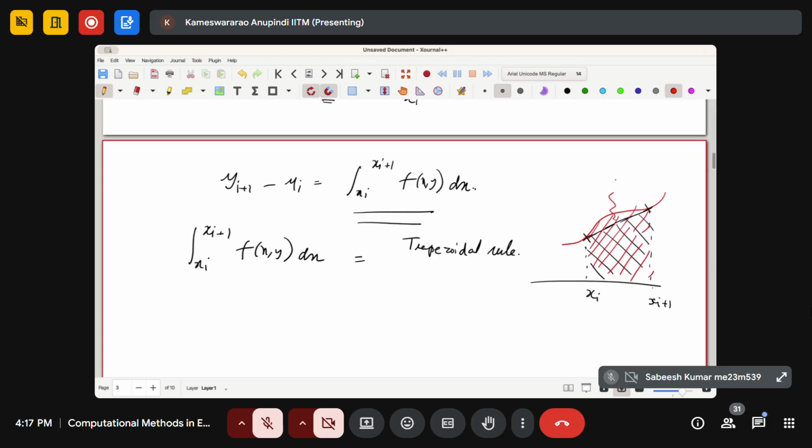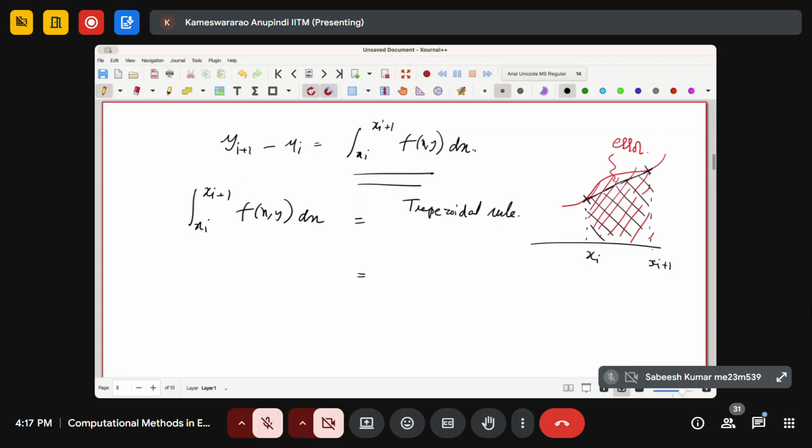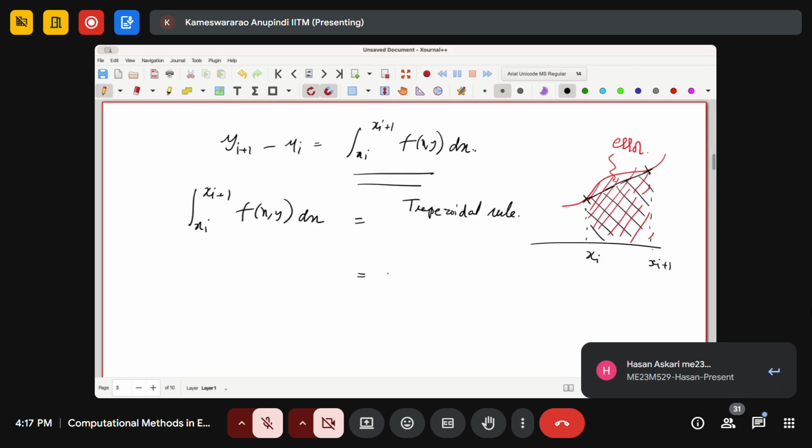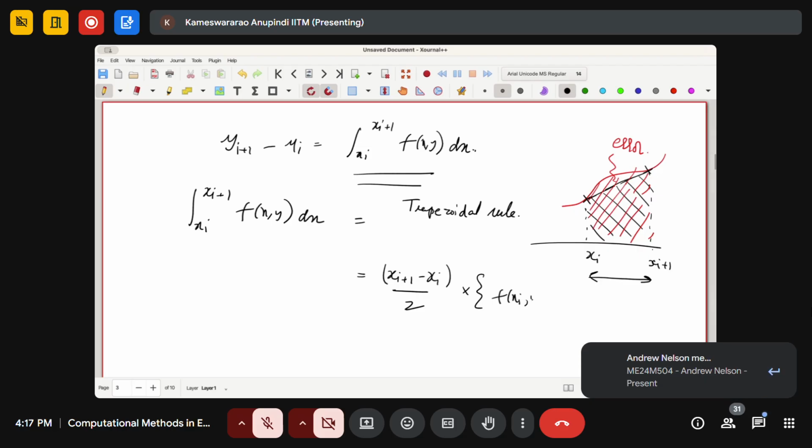This gap is the error we are making, but that is an approximation. So we can write this as the area of the trapezium, which is xi plus 1 minus xi divided by 2, that is this distance divided by 2, times f of xi, yi, that is this value, plus f of xi plus 1, yi plus 1, right?